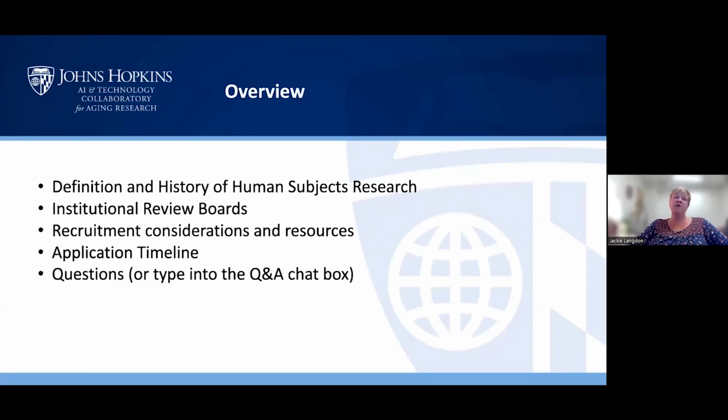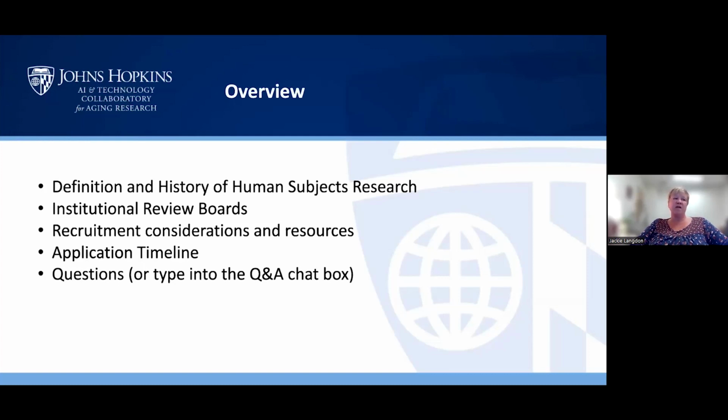So today I'm going to start with the definition of human subjects research, give you a broad, very brief history of why our regulations are what they are, and give you an idea of what an institutional review board is and what it does. Then I'll switch gears a little and talk about considerations to make when you're thinking about recruitment, and some of the resources we have available here and you would have through the AITC application.